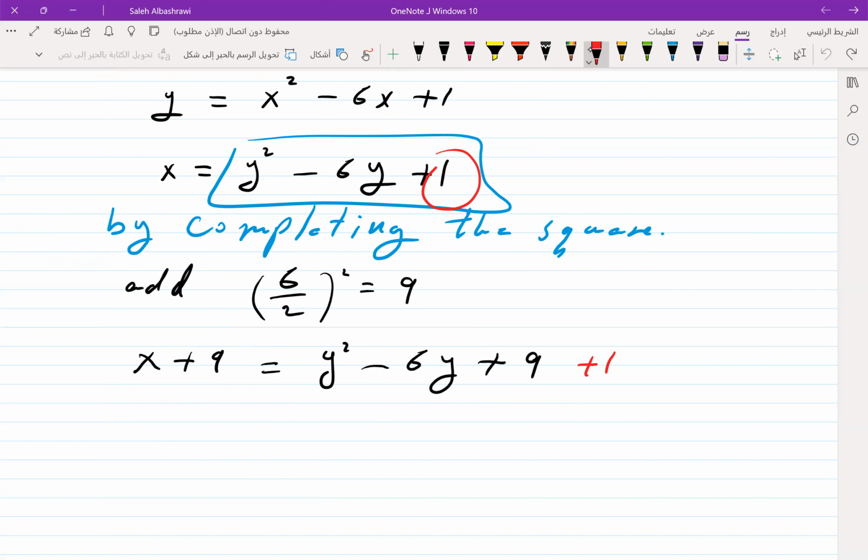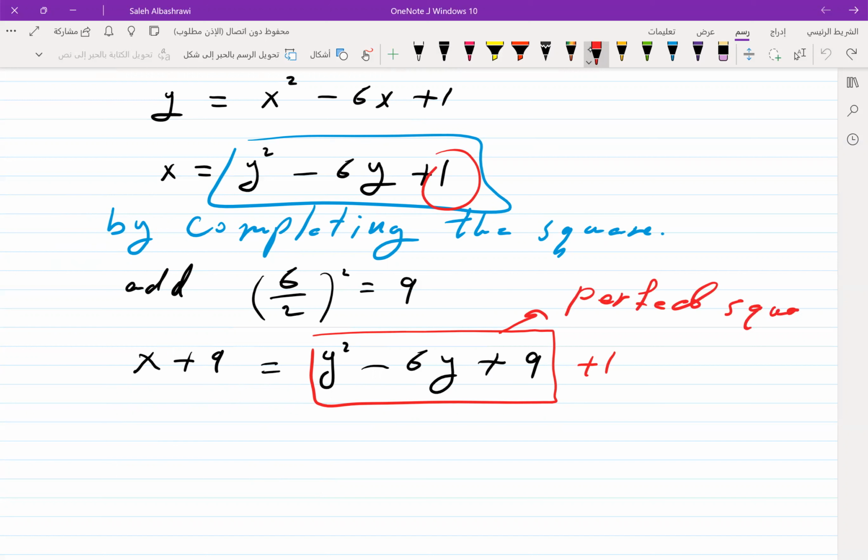Now y squared minus 6y plus 9, this part is a perfect square. It means we can write it as a bracket to the power 2 and keep plus 1 outside, so I'm going to shift it to the left-hand side later on.